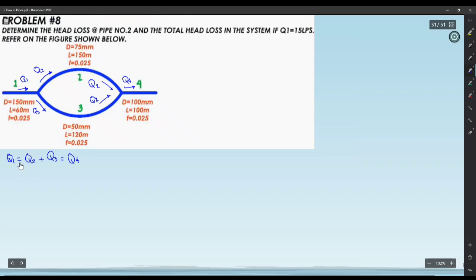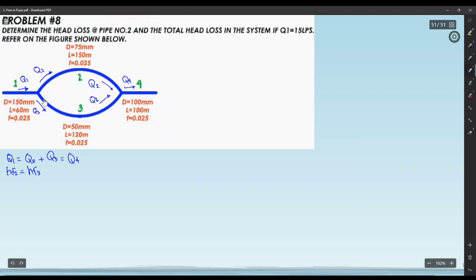By the principle of parallel pipes, dumako naman tayo sa head loss. Nag-establish tayo ng relationship ng mga flow rate with respect sa head loss. Kapag parallel, ang head loss ay equal. Ibig sabihin, yung head loss in pipe 2 is equal sa head loss sa pipe 3.